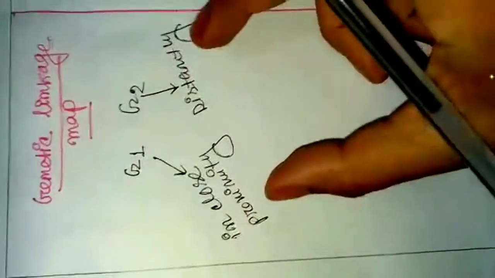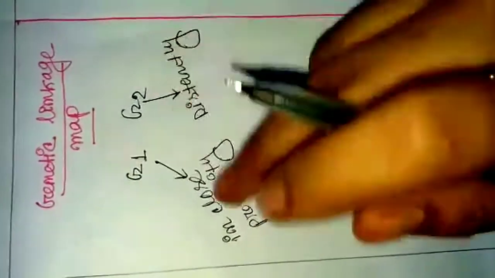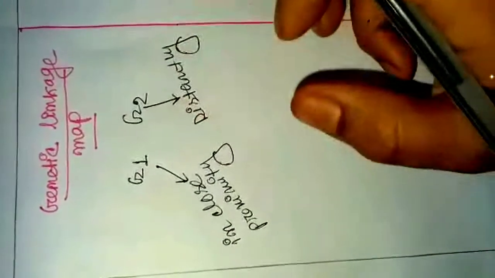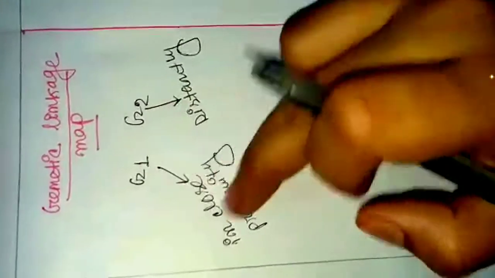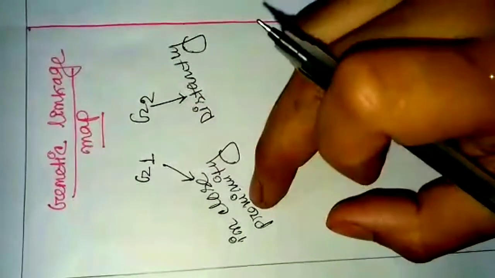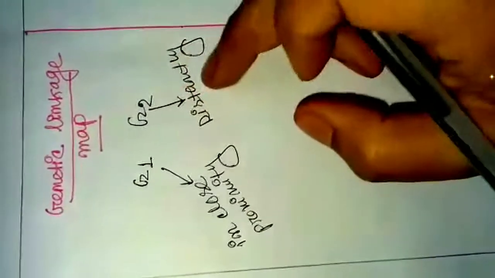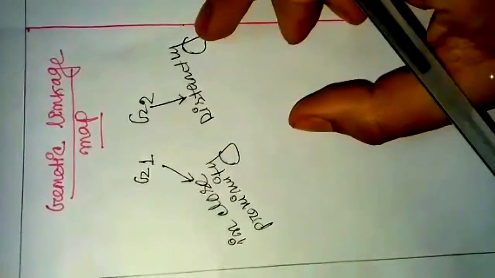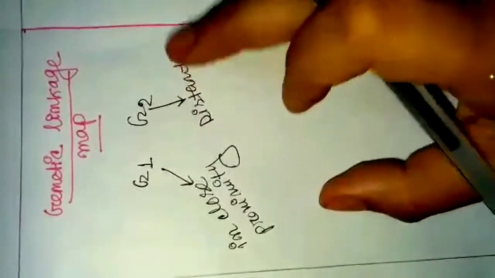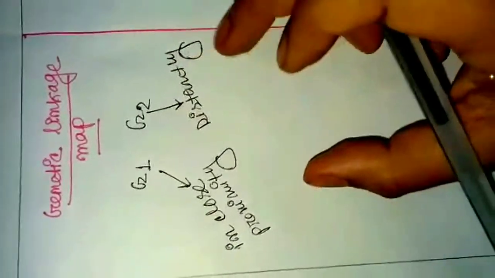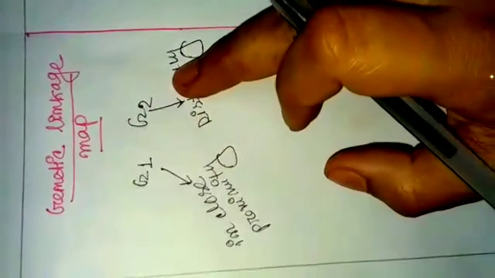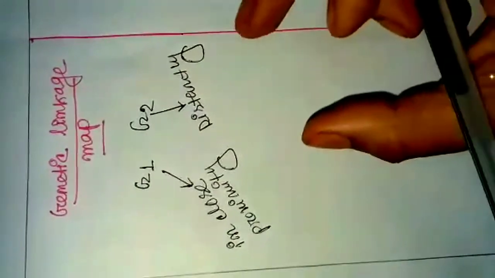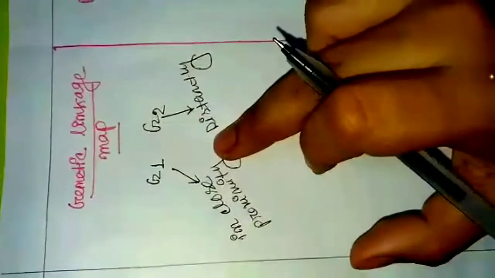But it cannot tell us if G1 is situated on chromosome number 1 or G2 is situated on chromosome number 2, or if G1 is present in the long arm of the chromosome and G2 in the short arm. It can only give us the relative position of the two genes with respect to each other, but never the exact location of these genes on a chromosome.